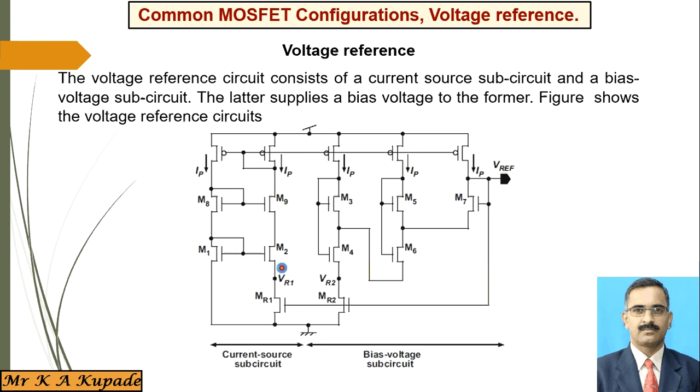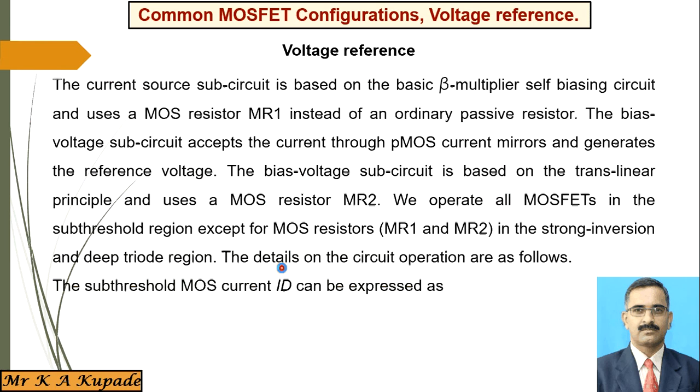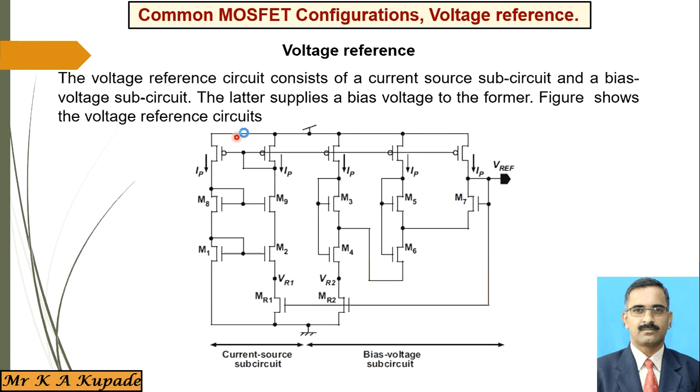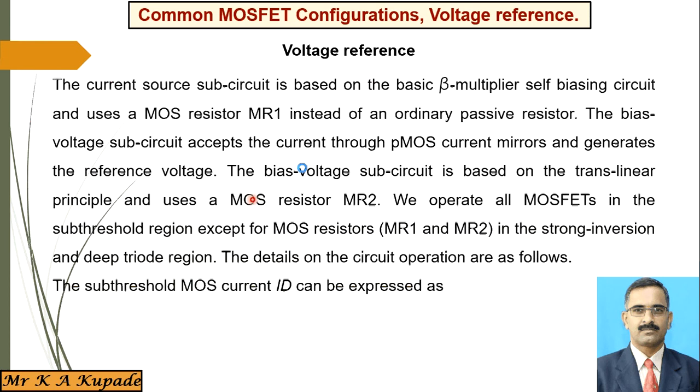Now see how it works. The current source, see this part. We are discussing both parts. Remember this part, which has five MOSFETs: M1, M2, M8, M9 and MR1. Consider that and remember it accordingly.